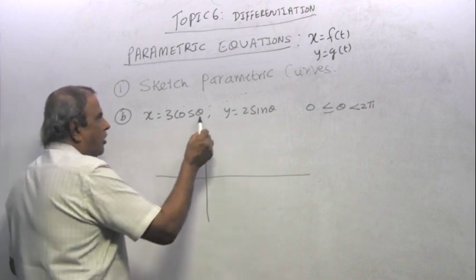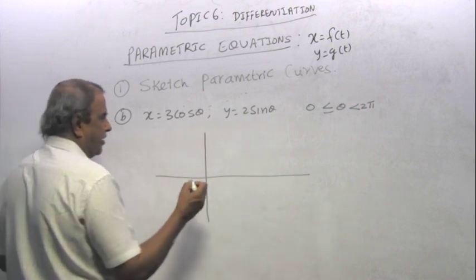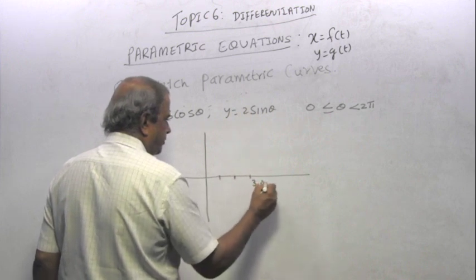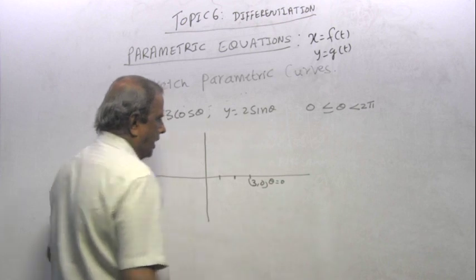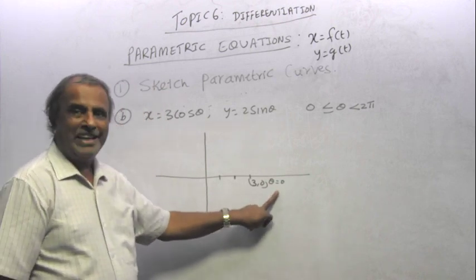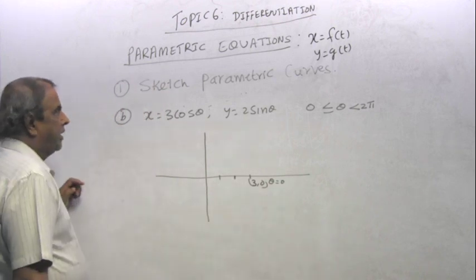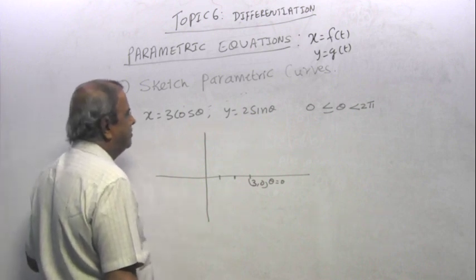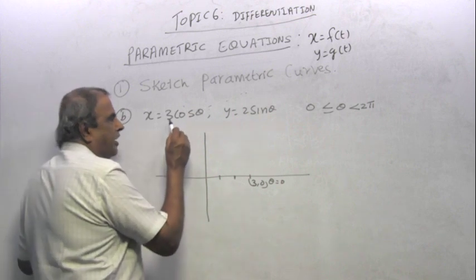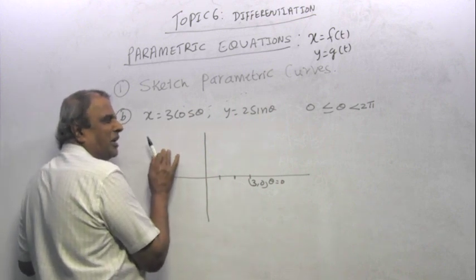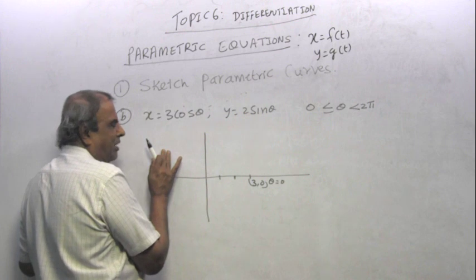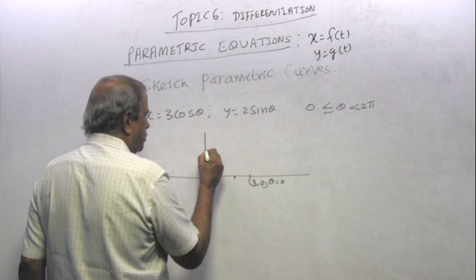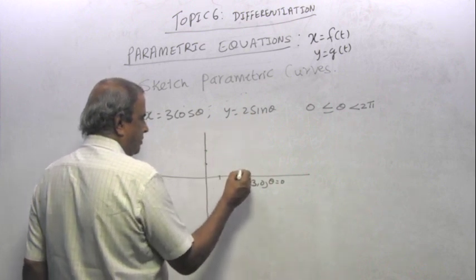When theta is 0, x is 3, y is 0. And try to put this, because when you do integration, it becomes necessary. And when theta is, let's say, 30 degrees, x is 0.86 times 3, about 2.5, and y is 1.